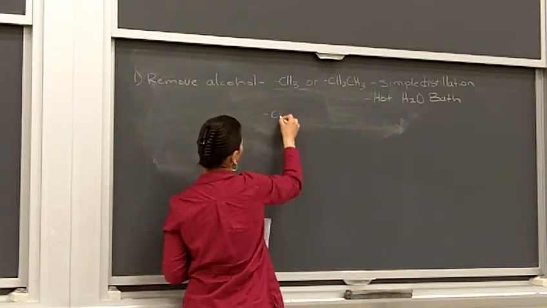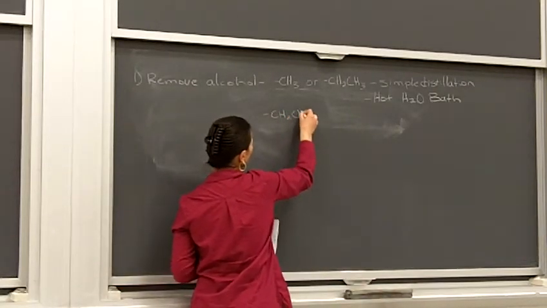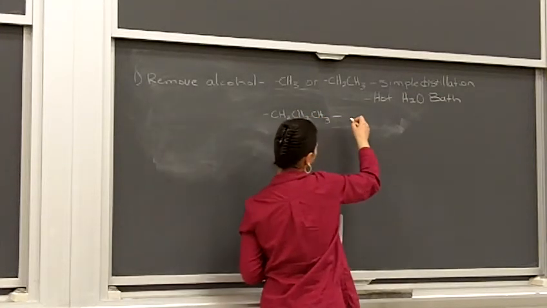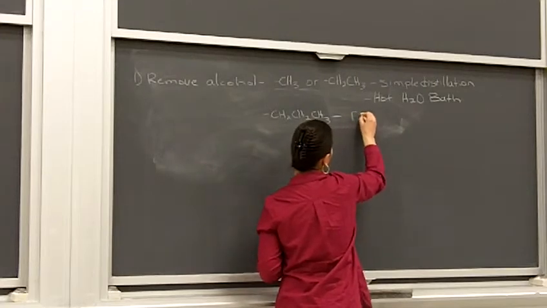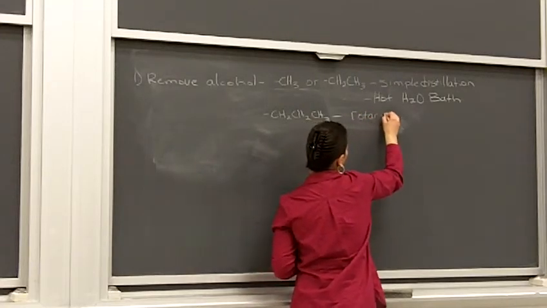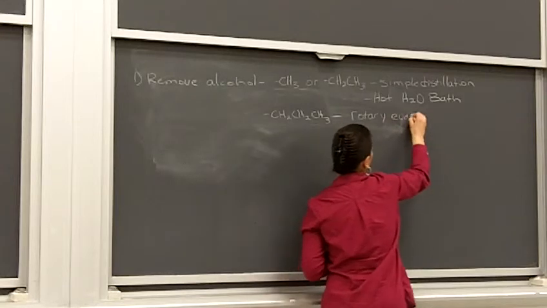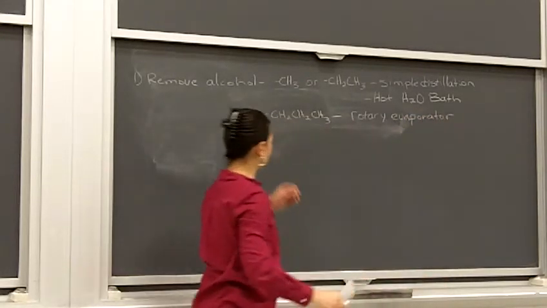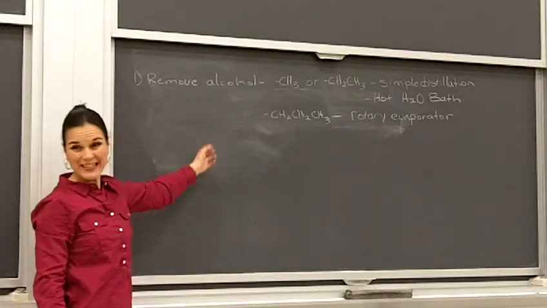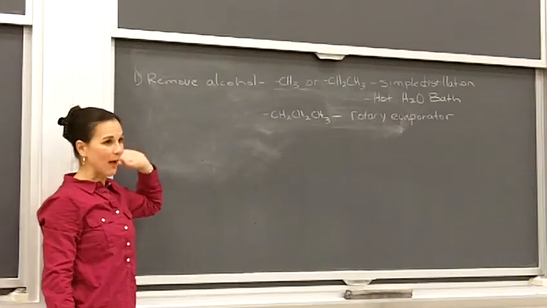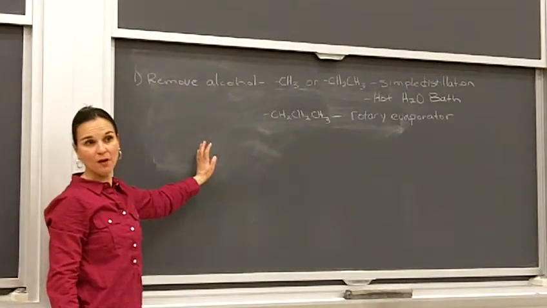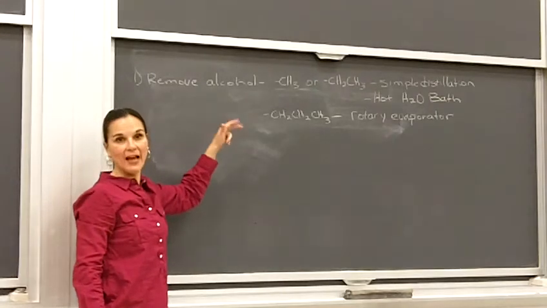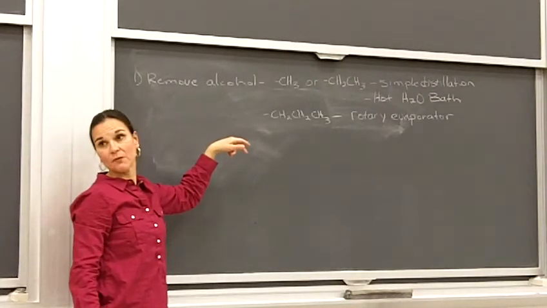The people with propanol are going to do this with gentle heating. We don't want to heat on it too much. You're going to use the rotary evaporator to remove propanol. Now that sounds like the propanol people are getting off easy, but it will take about as much time to get all the people that have propanol rotovap down as it does for all of the people that have methanol and ethanol to use a simple distillation to get rid of it, okay?